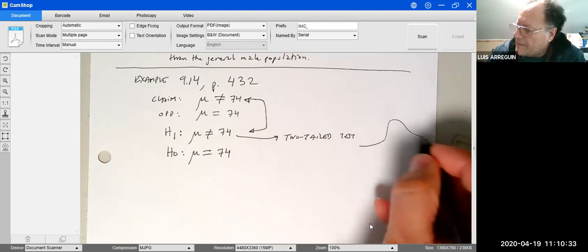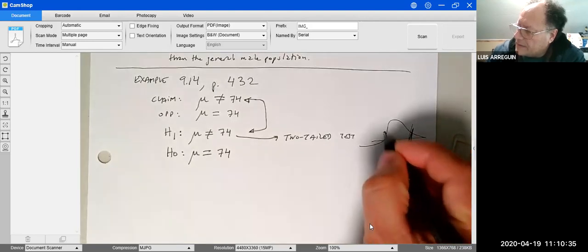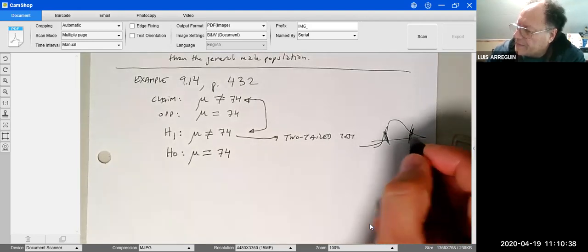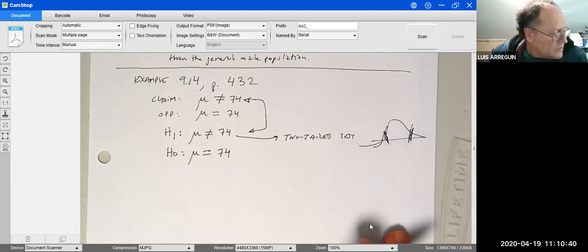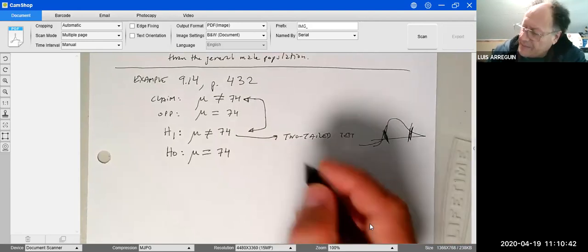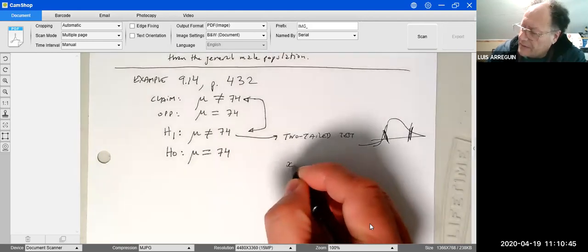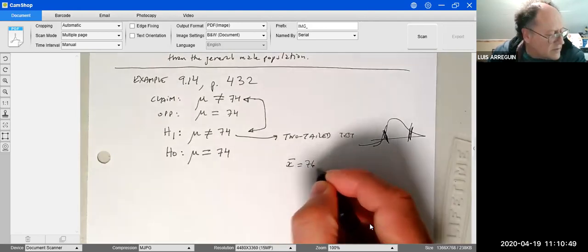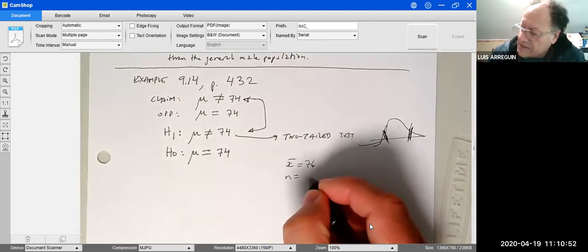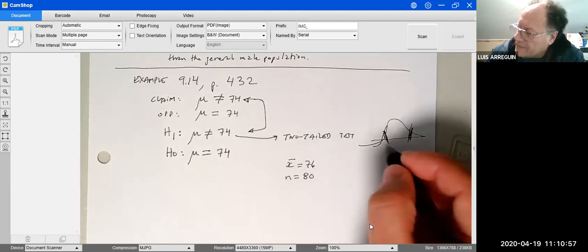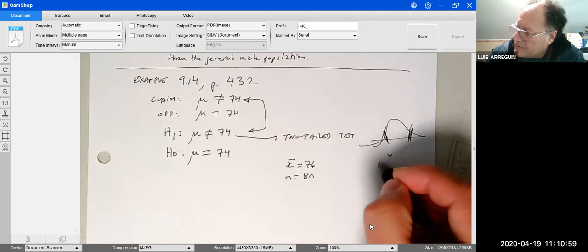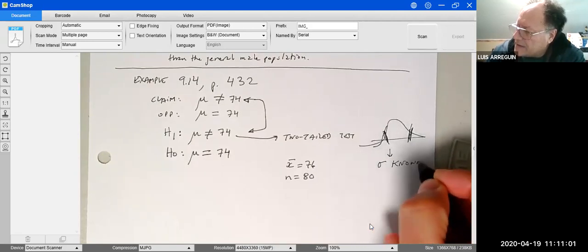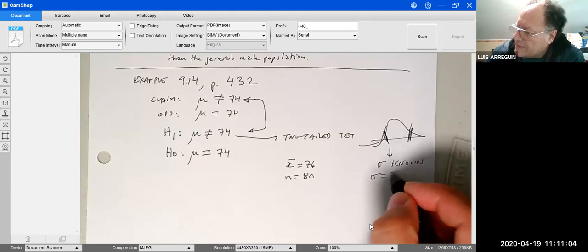So now we have two values here, two critical values. So from the sample, we found the mean of the sample is 76. The size of the sample is just 80 workers, and also from here you're going to see that we know the standard deviation of the population, which is 8.